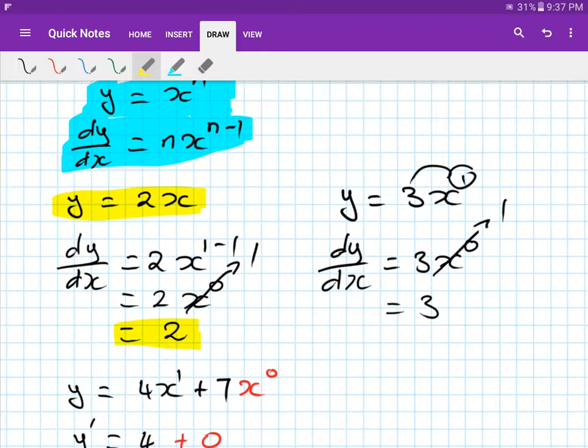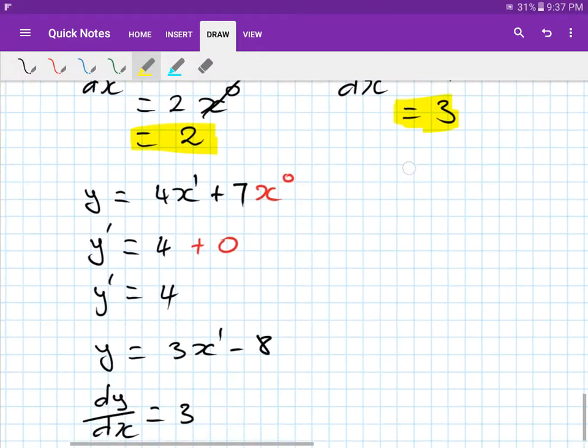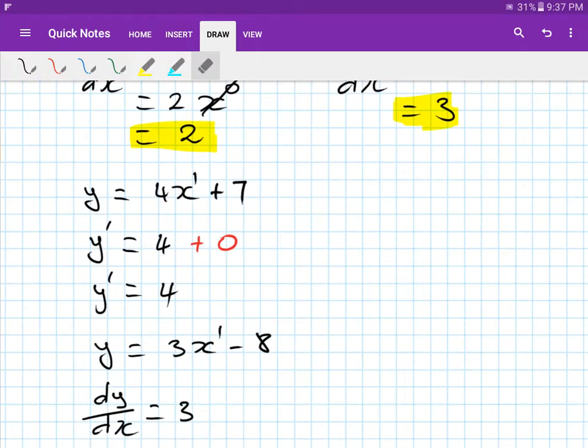Y equal 3x: if I differentiate it, the answer is 3. If I differentiate y equal 4x plus 7, your answer y dash is 4. If I differentiate y equal 3x minus 8, your answer is 3.